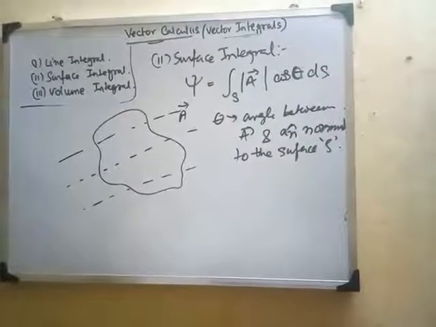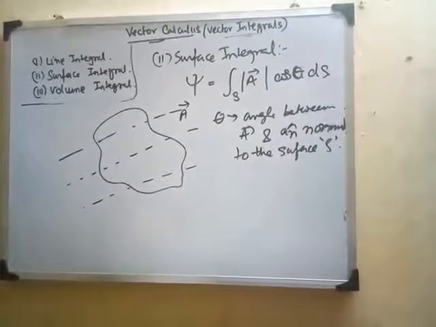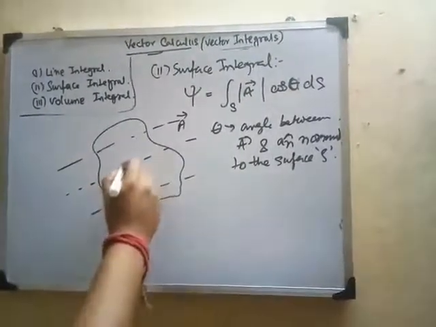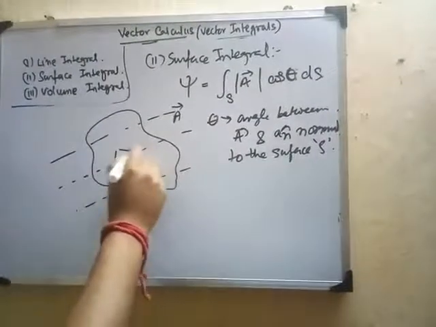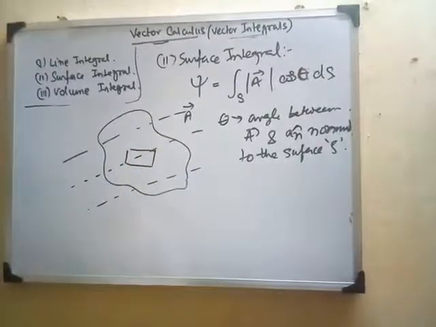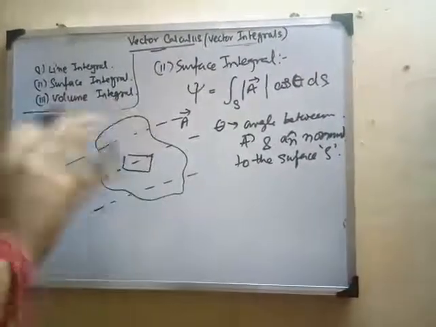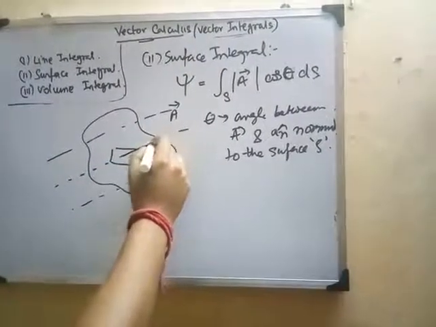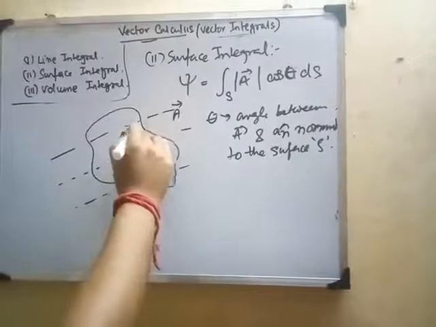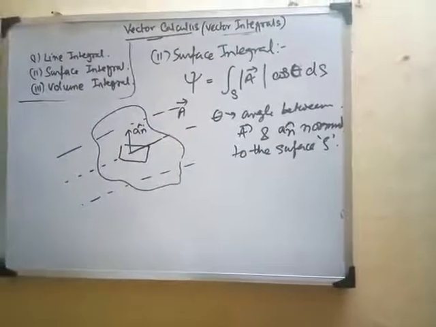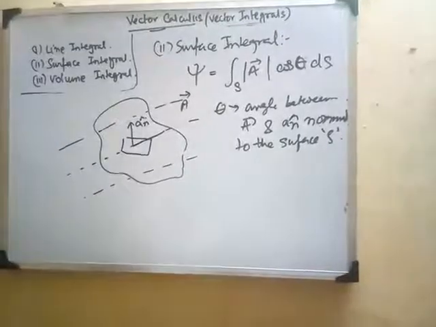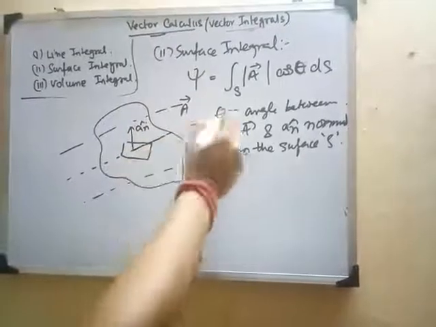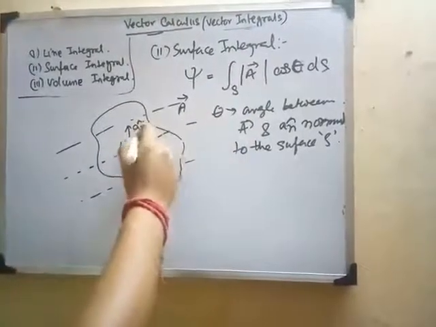More or less what I want to say is that if any kind of vector is passing through this surface, then you have to draw a simple planar surface or a unit planar surface included within the surface, and the angle subtended by these lines of force and the normal, which is the an vector, as I said in our previous classes regarding analysis of vectors. This angle between the unit vector an and these lines of the vectors is represented by theta.